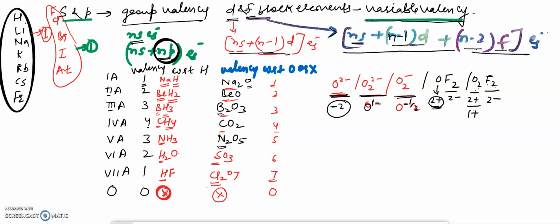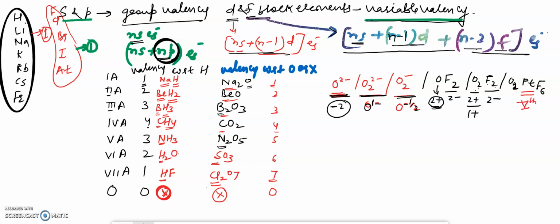Then in O2PtF6, that's a complex compound. Here platinum will be showing plus 5 oxidation state.